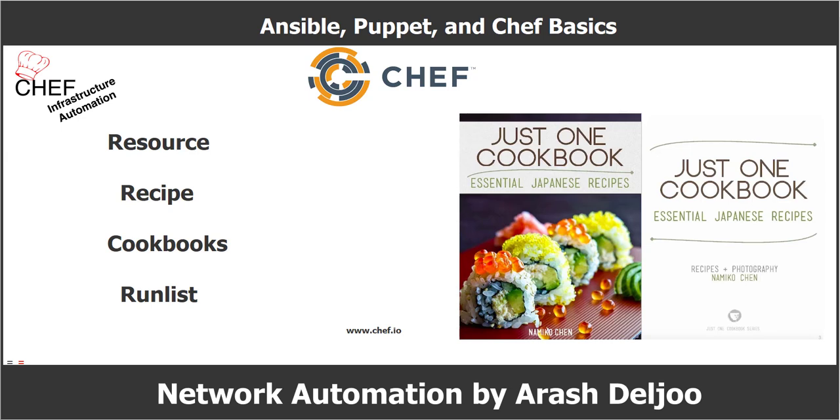The recipe is the Chef logic applied to resources to determine when, how, and whether to act against the resources, analogous to a recipe in a cookbook. Cookbooks are sets of recipes about the same kind of work, grouped together for easier management and sharing. And the run list is an ordered list of recipes that should be run against a given device.